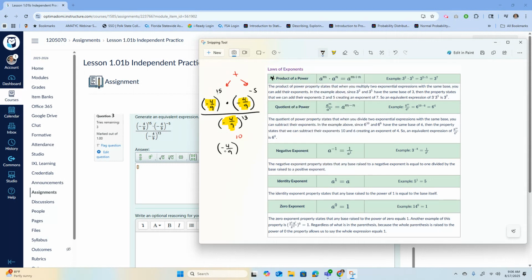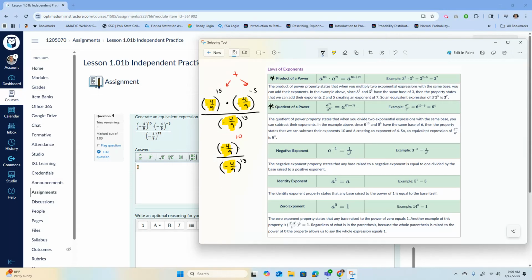Okay, now that's the answer at the top, but we still need to divide by negative 4 over 9 to the 13th power that is on the bottom of the fraction. However, like I said before, these parentheses have the same fraction, so we have the same base. So now we're going to apply this rule because fraction means division. That's a quotient.